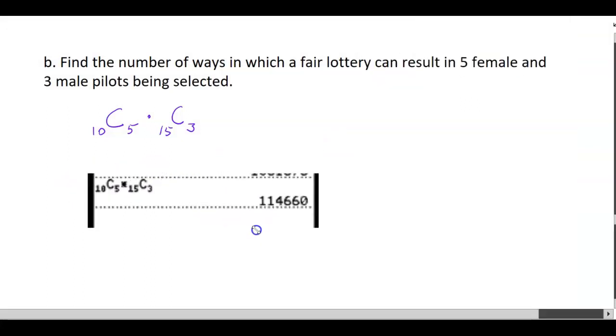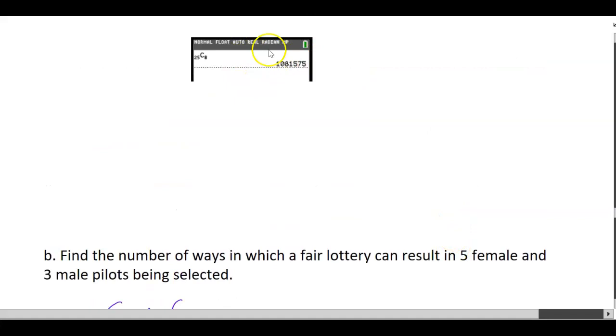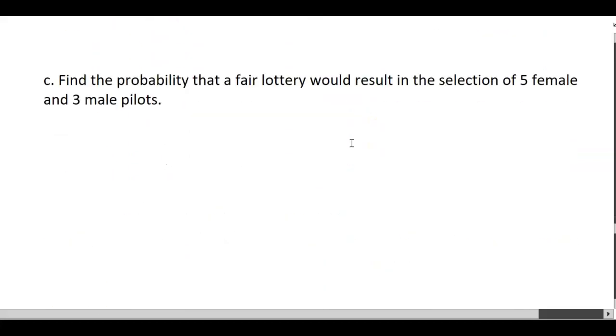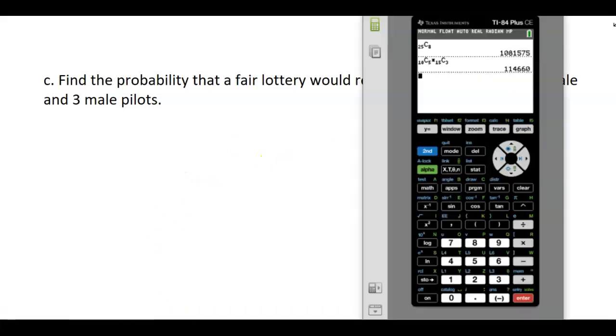Okay. So that's the event that we want to occur. That's the A. And this is going to go in the denominator. That's all the ways that we could get 8 captains selected. So part C, find the probability that a fair lottery would result in the selection of 5 female and 3 male. Okay, so that's the 5 female, 3 male right there.